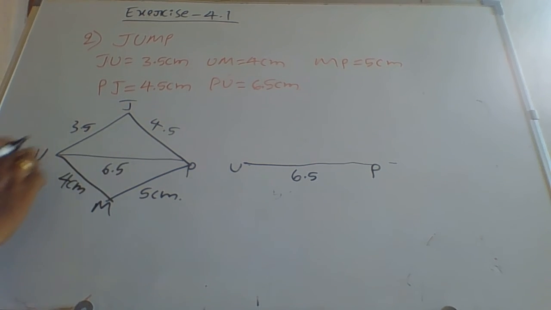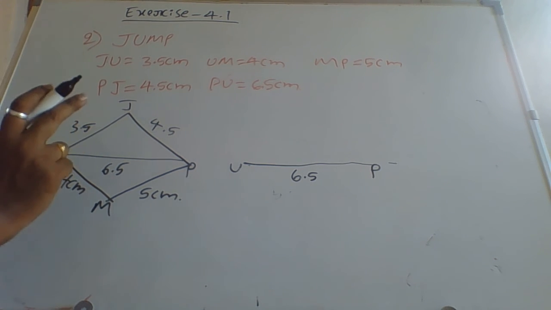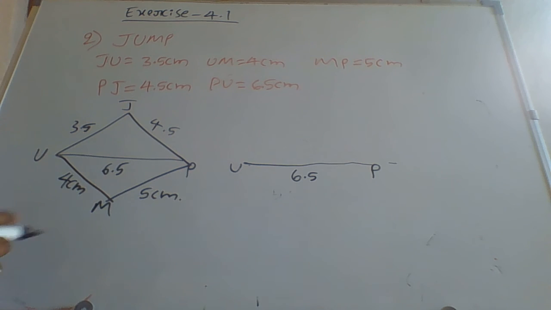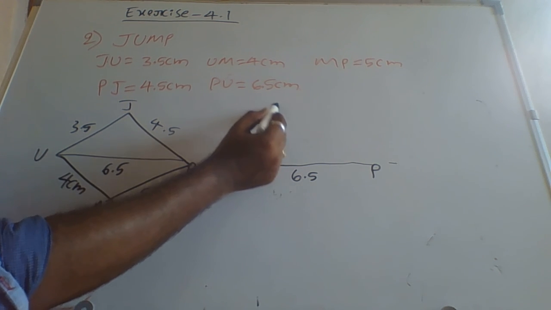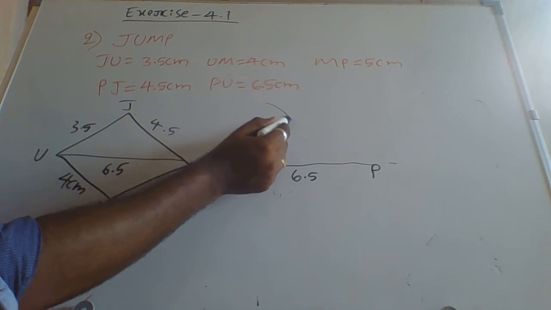This is the diagonal UP or PU, which is 6.5 centimeters. And now to get this point J, which is 3.5 centimeters from point U, consider a length of 3.5 centimeters in your compass, place the needle on point U and draw an arc like this.